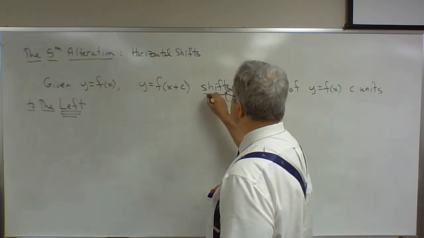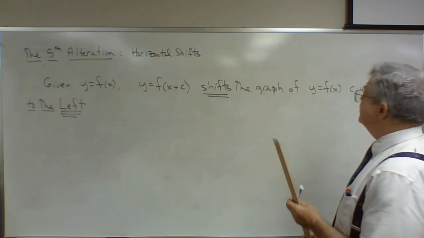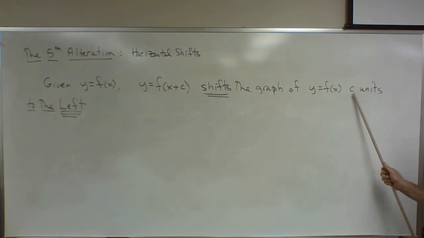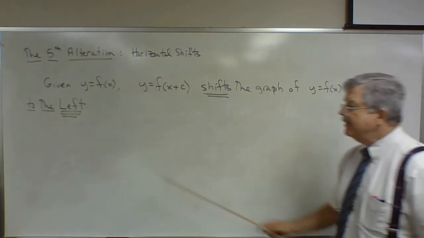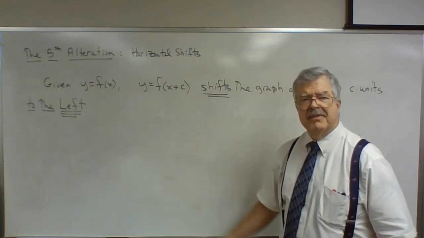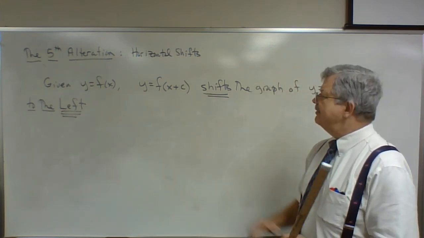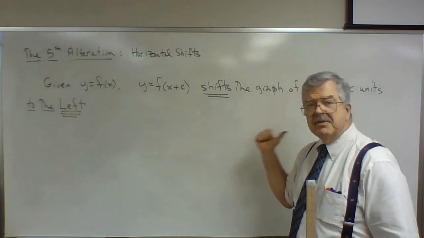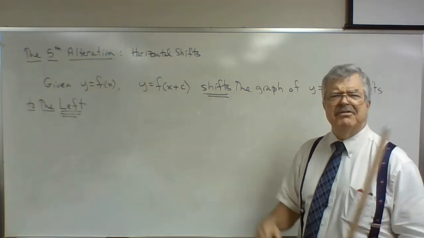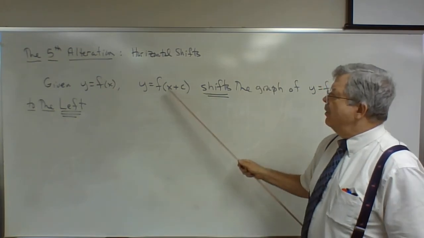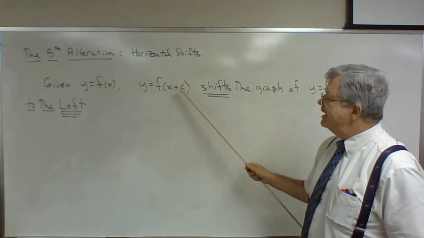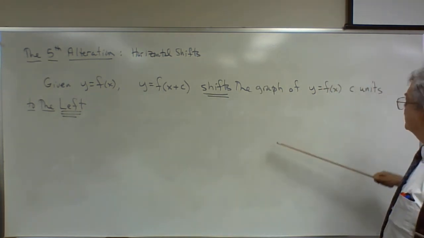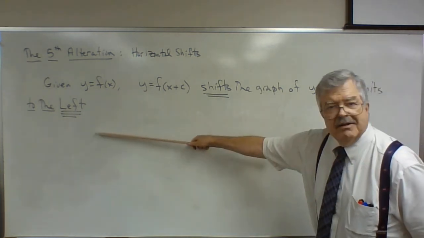Got to underline that. Shifts the graph of y equals f of x c units to the left. Our intuition would say, well, plus, positive direction, c units to the right. Doesn't happen. y equals f of x plus c shifts the graph c units to the left.